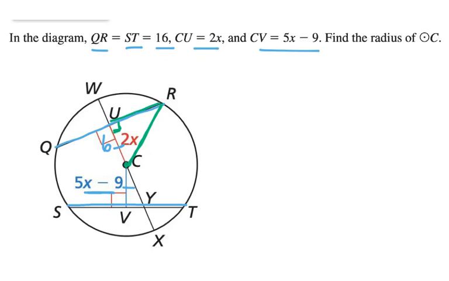And do I know that leg? I absolutely do, right? I know the chord is 16, and a previous theorem told us that the diameter perpendicular to the chord would be bisecting that chord. So that's 8. Now we have legs of 6 and 8, and we can figure out the length of the hypotenuse. So go ahead and do that.